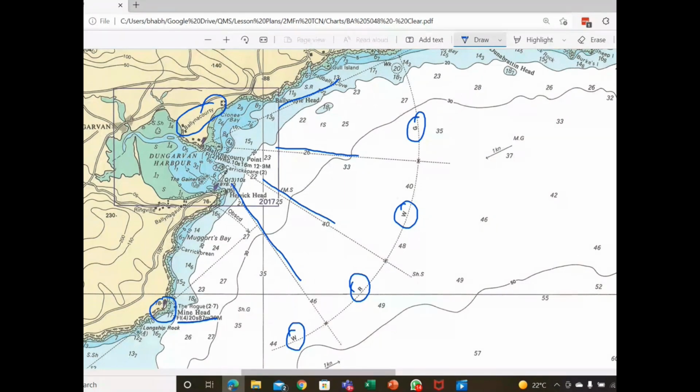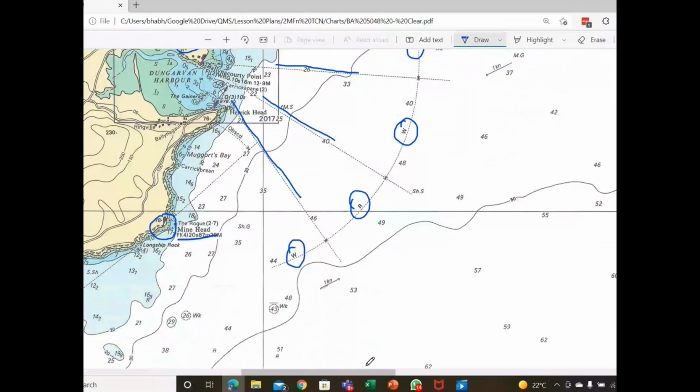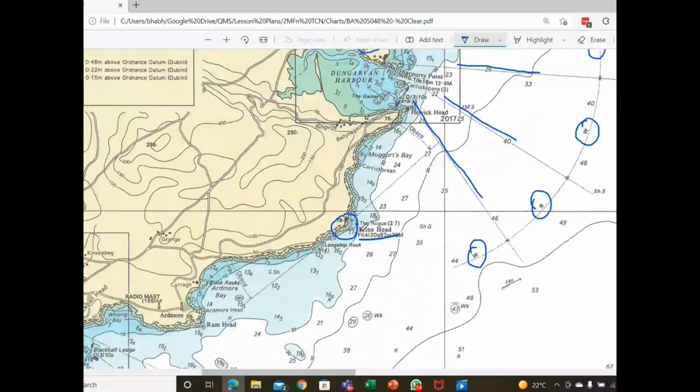Now let's go to Mine Head. If you look carefully, beta, you will see there is a sector which is mentioned on this side for this particular light, and this is the obscured sector. I hope the text is readable, beta. Yes, sir. Right. So this is the obscured sector.